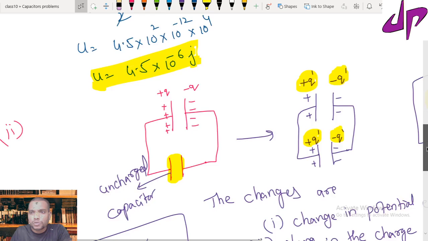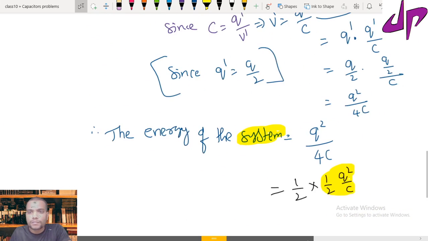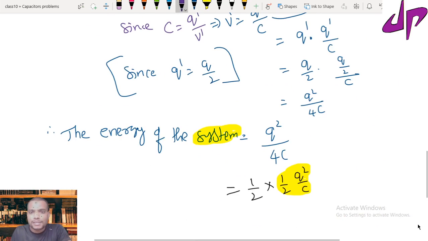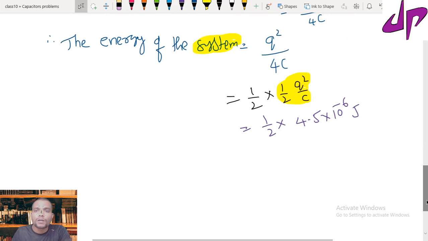Now if we substitute that value here, I can get the result, which equals half times that value, which we got as 4.5 times 10 power minus 6 joules. Now on further simplification, the 2 gets cancelled in 4.5, equal to 2.25.